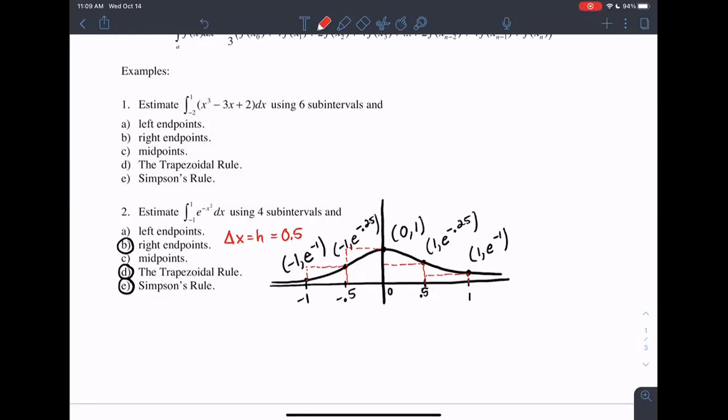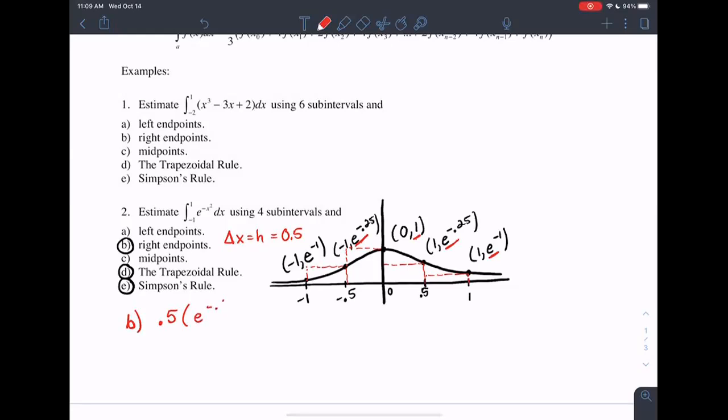So for B, we're looking at delta x, 0.5, times the sum of all the y values I'm using. So the first one is using right endpoints. I'm using these 4 y values.